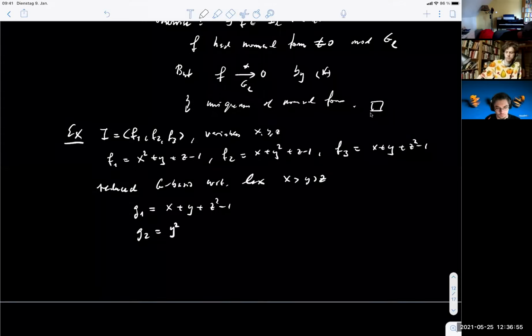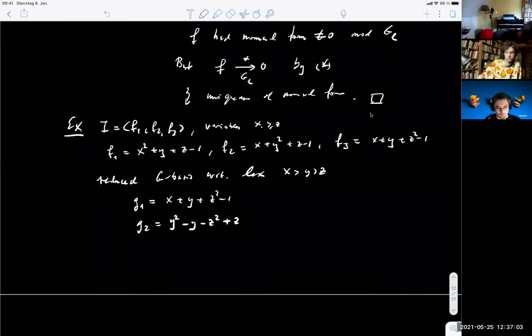G2 is y squared minus y minus z squared plus z. G3 is yz plus 1/2 z to the 4 minus 1/2 z squared. I hope this is all correct.